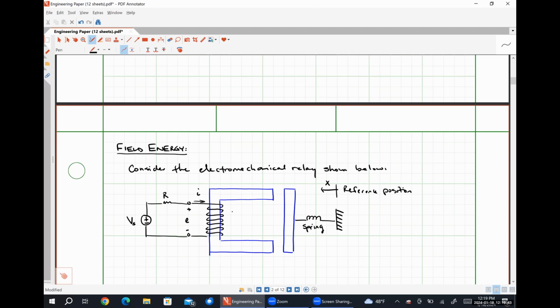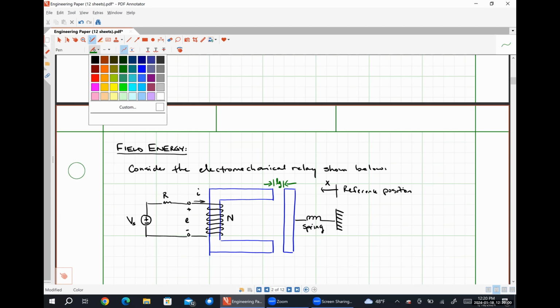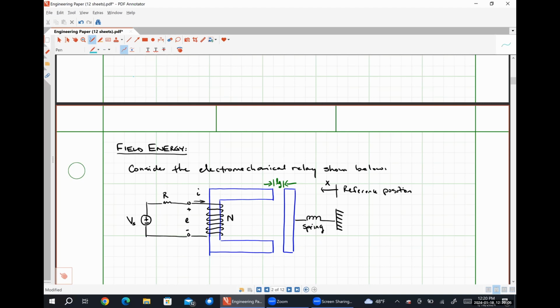Let's see here. Our coil has N turns. I have an air gap here, L sub G, like so. And if I'm carrying a current in my coil, I should have some flux as well. So let's go ahead and represent that on our picture like so. Found our flux path.